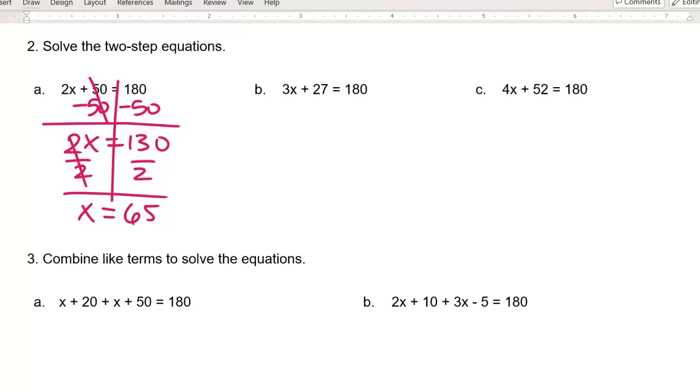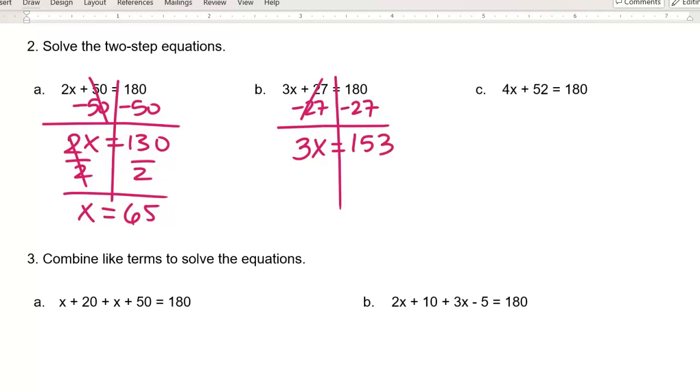Pause if you want to try problem B. Problem B reads 3x plus 27 equals 180. We're going to do the same thing. We're going to undo our plus 27 by taking away 27. We do that on both sides of the equal sign to keep it equal. 27 minus 27 is 0. 180 minus 27 is 153. 3x means 3 times x.